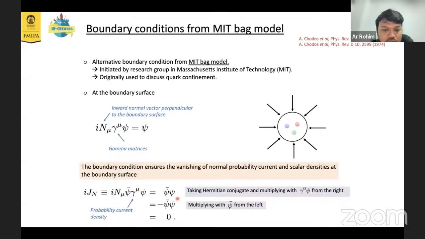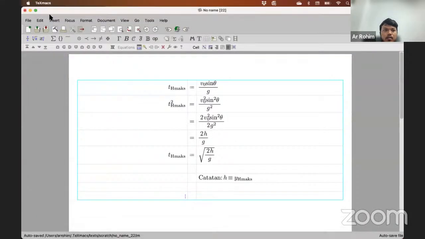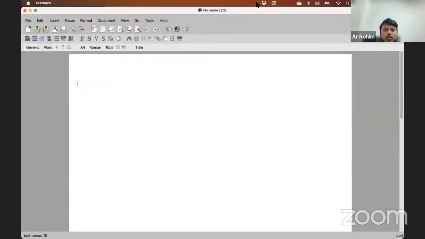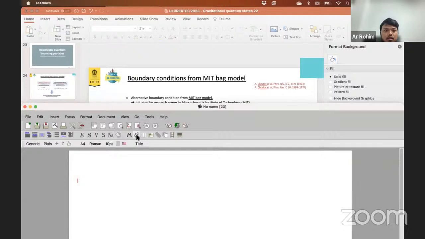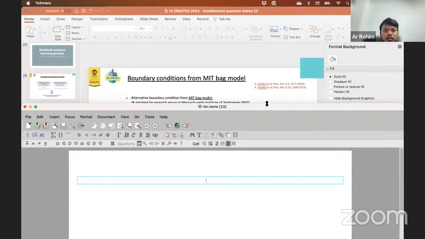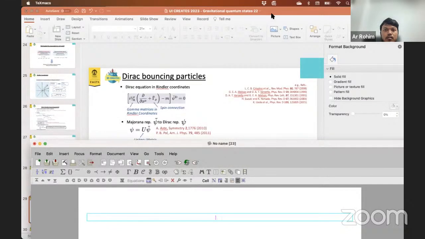So from this, if we take the Hermitian conjugate and multiply with gamma zero from the right, then we will obtain this one. Maybe I should write it clearly.